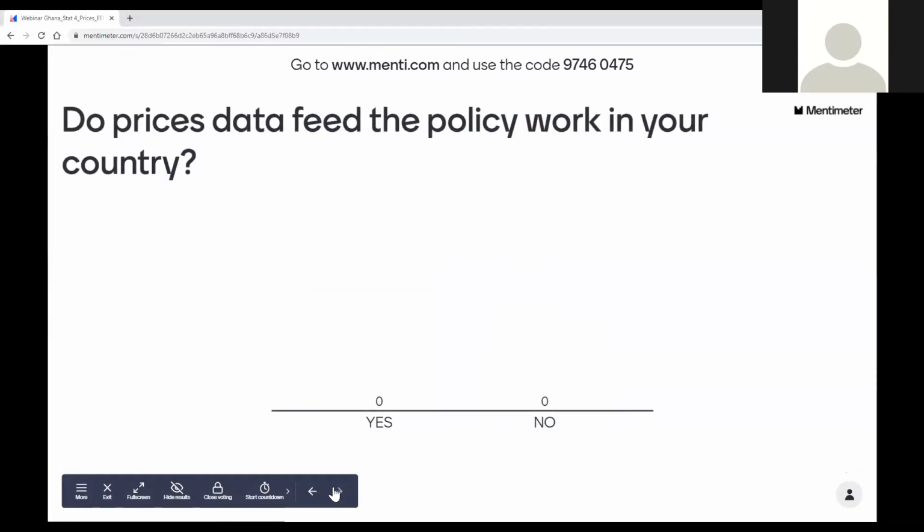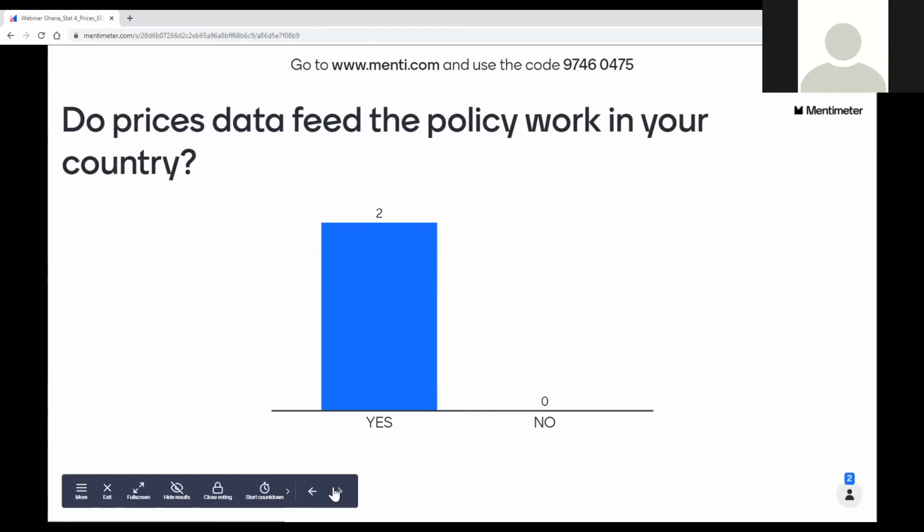So next question is, do prices data feed the policy work in your country? So do prices data feed the policy work in your country? Yes or no? So very good. We have 2 participants that said yes, which is good.